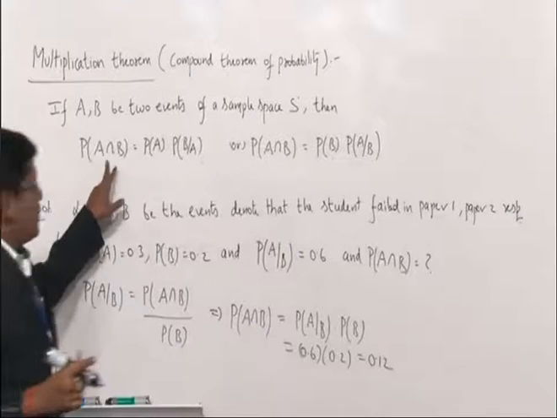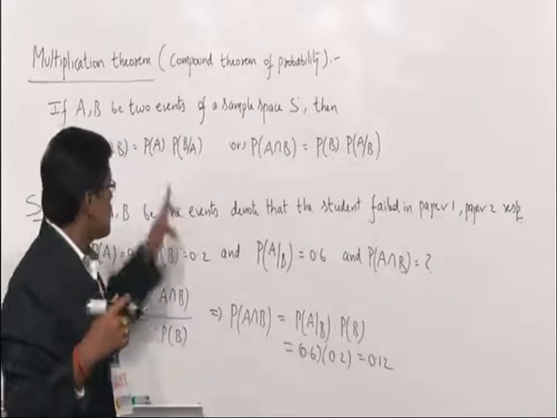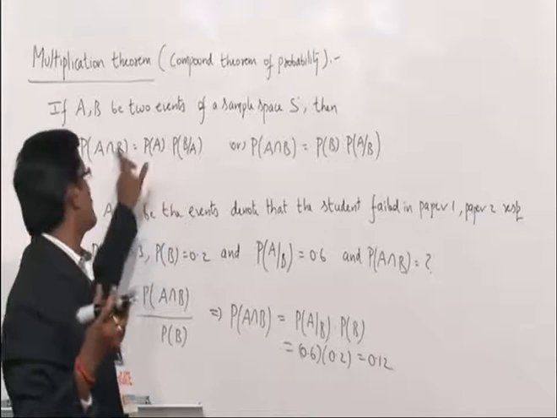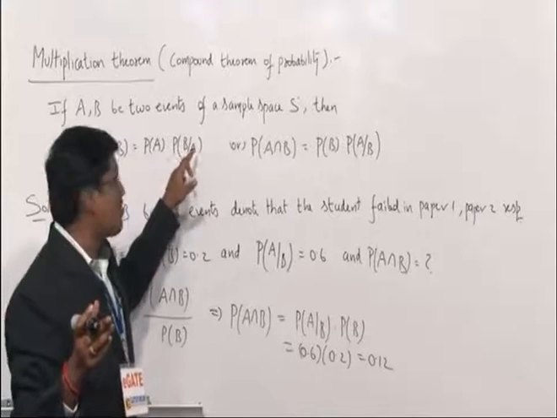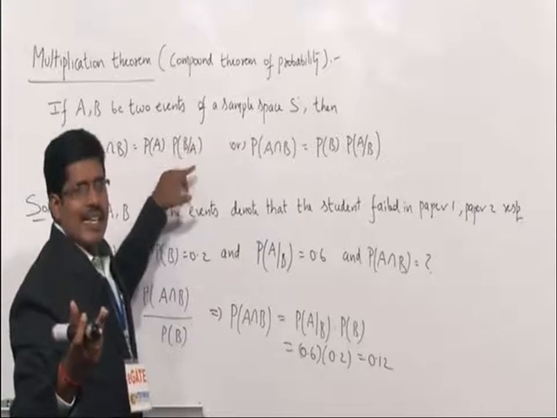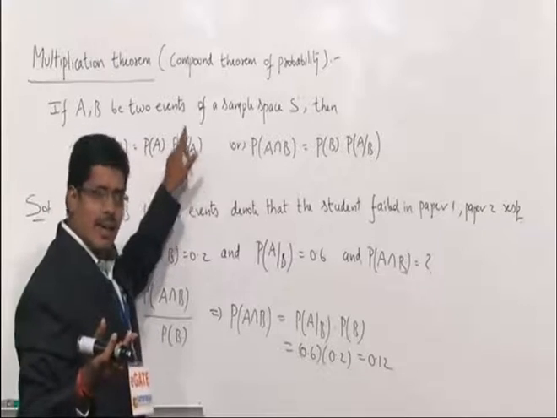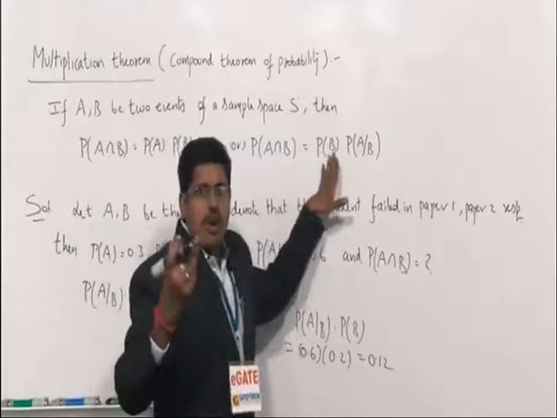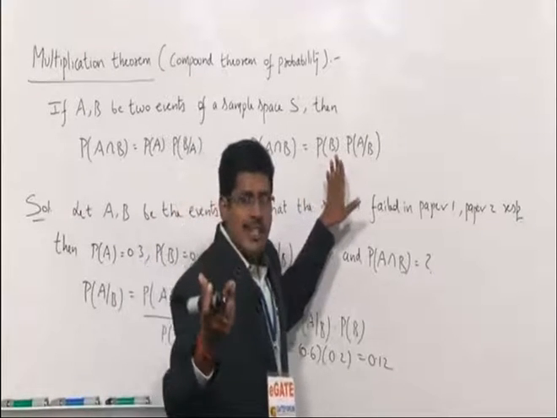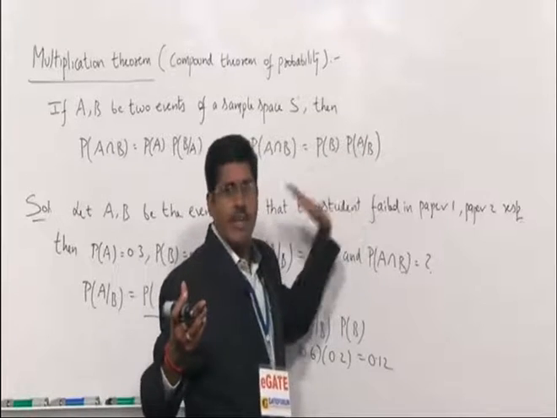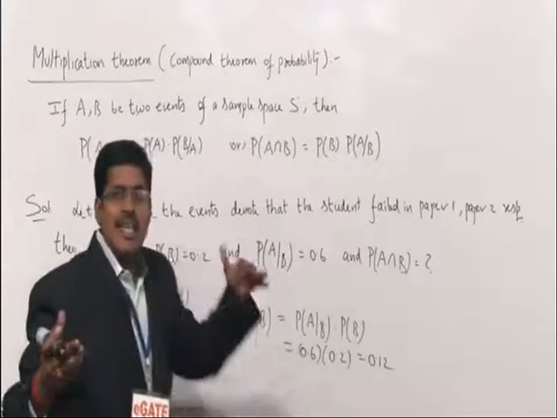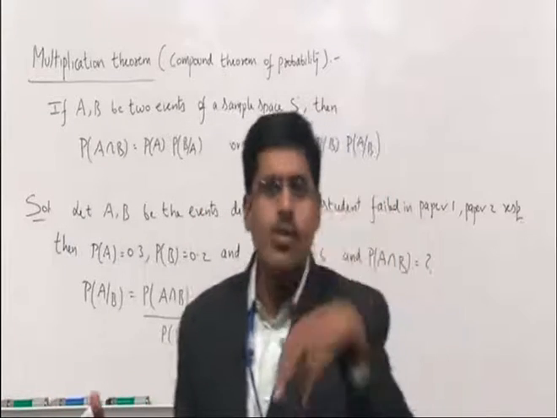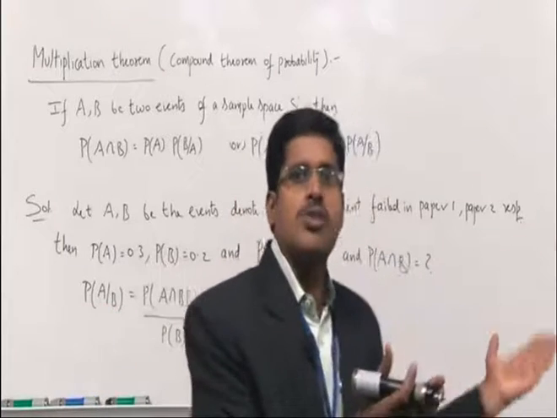Say here two events A and B. You start with whatever you like. If I start with A, that means here first we are finding the probability of A. Automatically what is left in this? B. That means we are going to find the probability of B. That means here B is going to happen second. A is already happened. So that is multiplied by conditional probability B given A. Suppose if B is happened first, then you write P of B. So out of A, B already happened. Now which is going to next happen? A. So that is the conditional probability P of A given B. These two results came by the definition and formula of P of A given B and P of B given A. Look at that and just bring the denominators into other side.